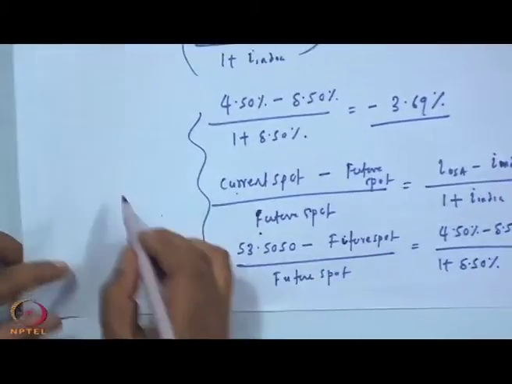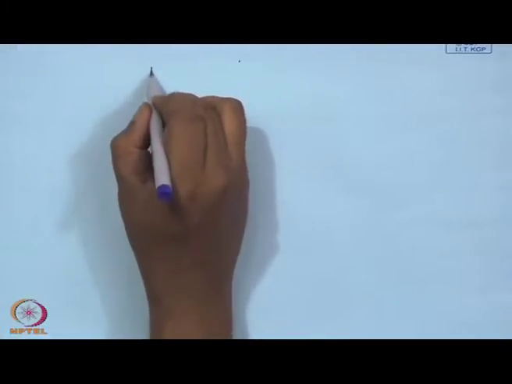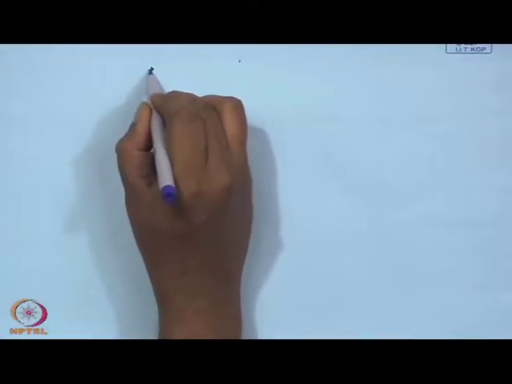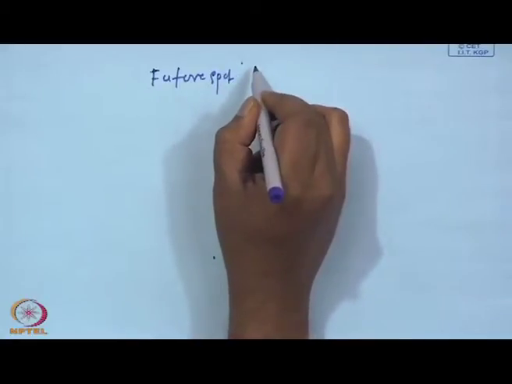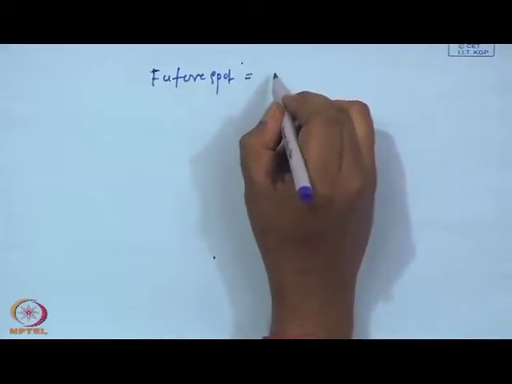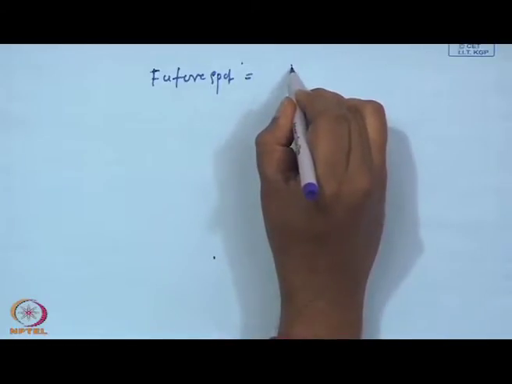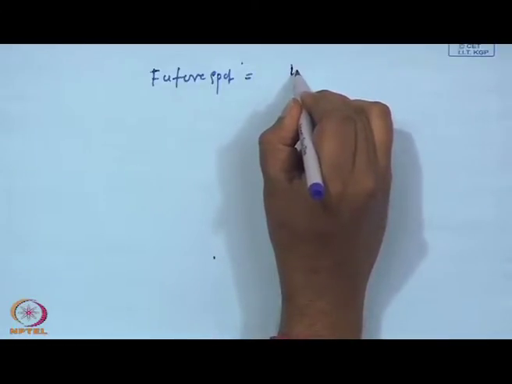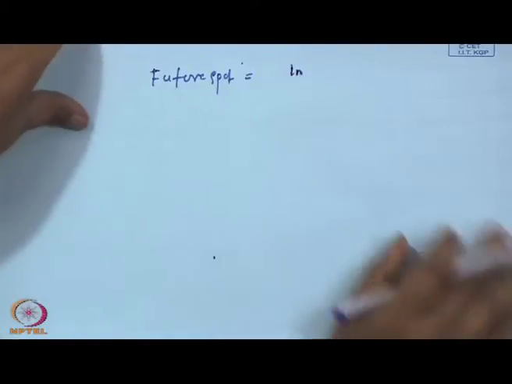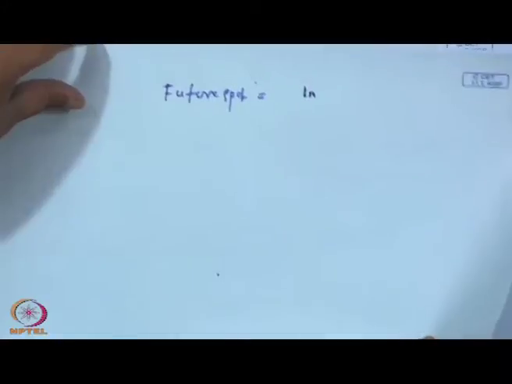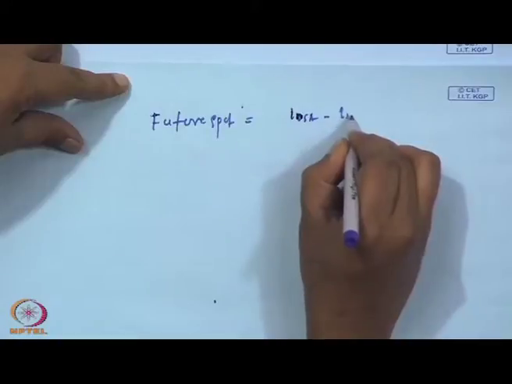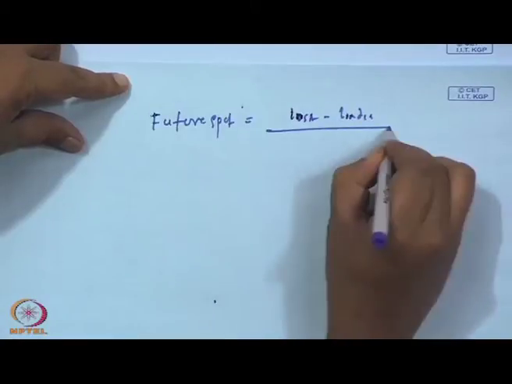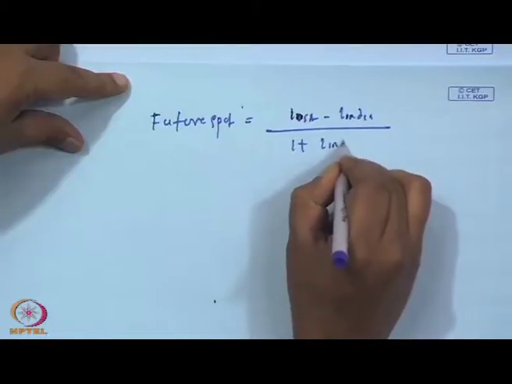In our calculation process, the future spot will be based on the interest rate differential between two countries. Here, our interest rate differential is US interest rate minus India interest rate divided by 1 plus India interest rate.